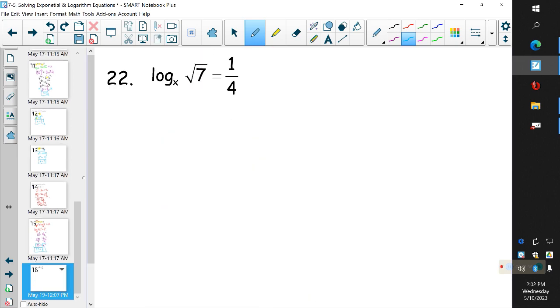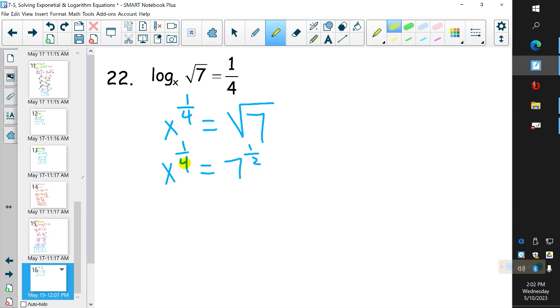And the last one is problem number 22 I want to do. So we're going to go ahead and see that this is already a logarithm. And we're going to go ahead and write this as an exponential. So x to the 1/4 is equal to the square root of 7. So now I'm going to go ahead and make this, the square root of 7, become 7 to the 1/2. Now you're going to look at these denominators and you're going to take the LCD.